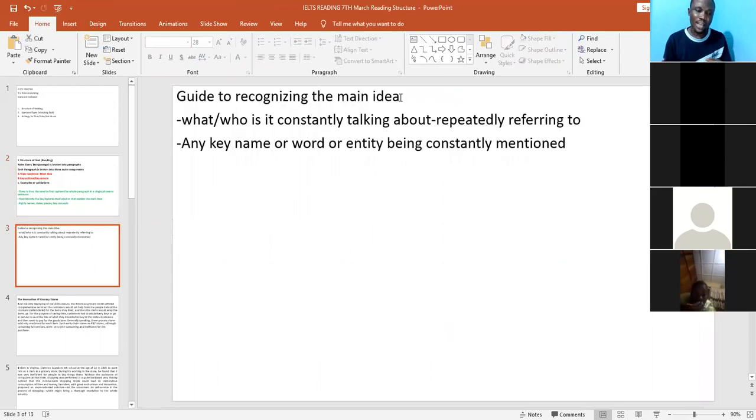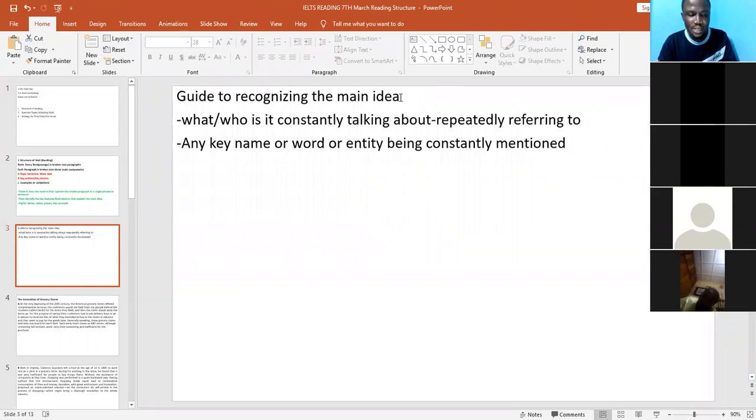Now, how do you identify the main idea? That's why I said guide to recognizing the main idea. You need to ask what or who it is constantly talking about. The first sentence, what is it talking about? The second sentence, what is it talking about? The third sentence, what is it talking about?